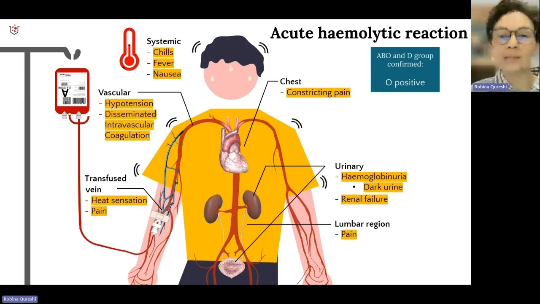All right, so let's have a think about the signs and symptoms that we would see in our patient with an acute hemolytic transfusion reaction. So the sheer volume of ABO antibody to ABO antigen will reach the complement endpoint. So we've got antigen-antibody complexes activating things like factor 12, and that can result in bradykinin release.